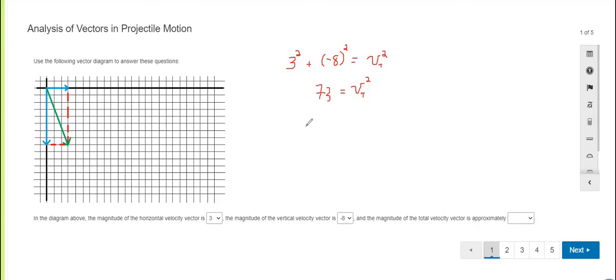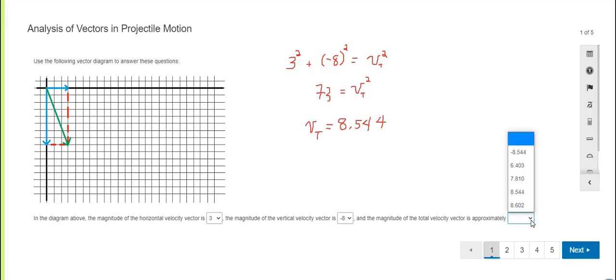It turns out that the total velocity is approximately, rounding off to 3 decimal places, 8.544. You can do that on your calculators at home, because the square root of 73 is 8.544.